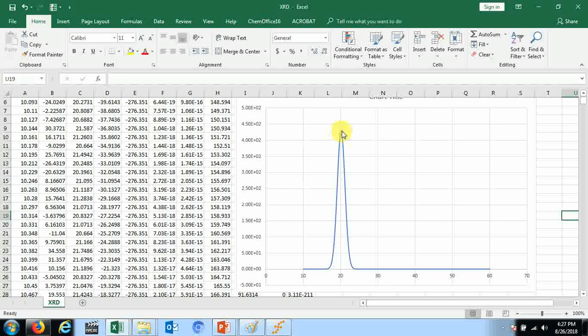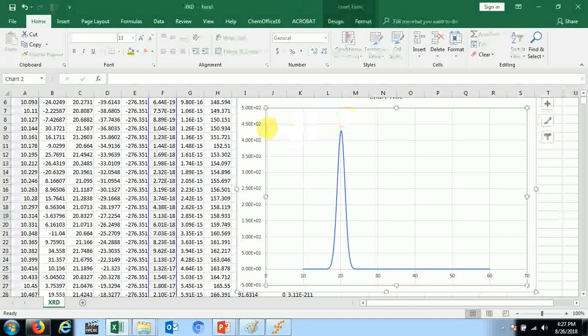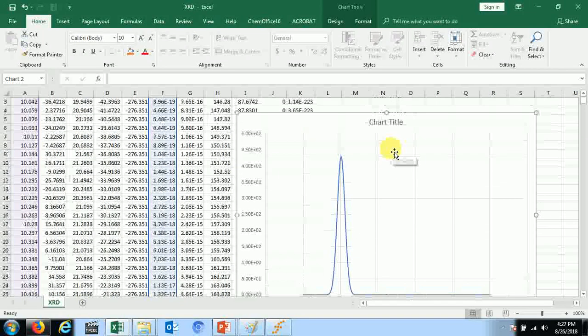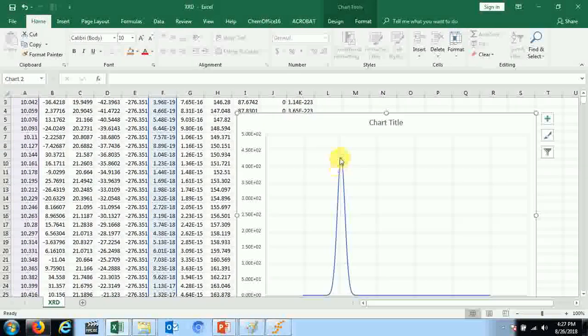What is the intensity? Peak intensity is 427.